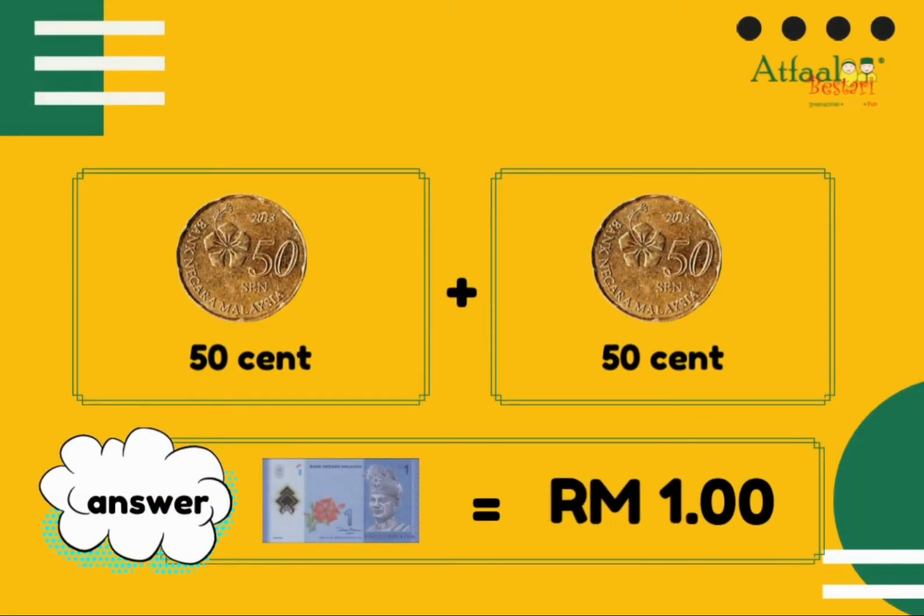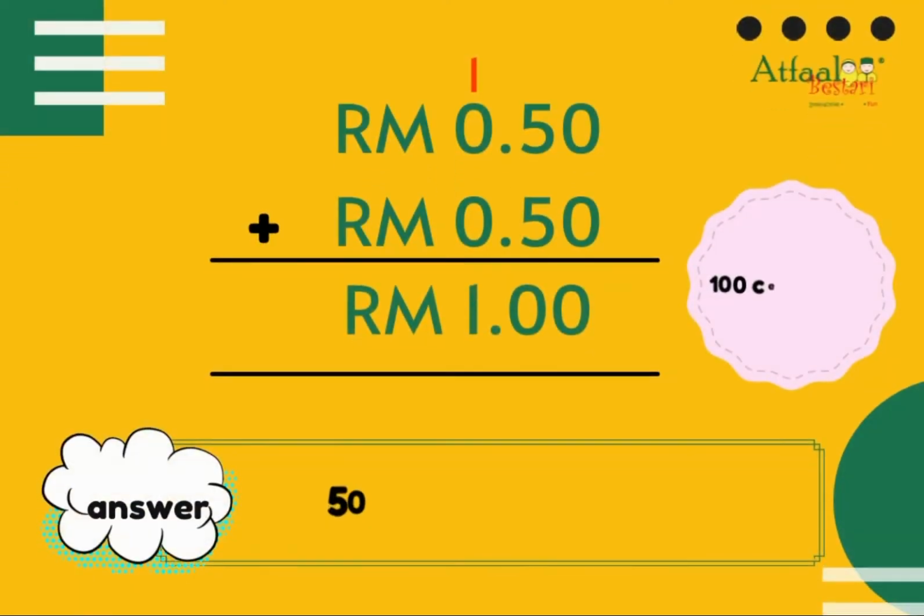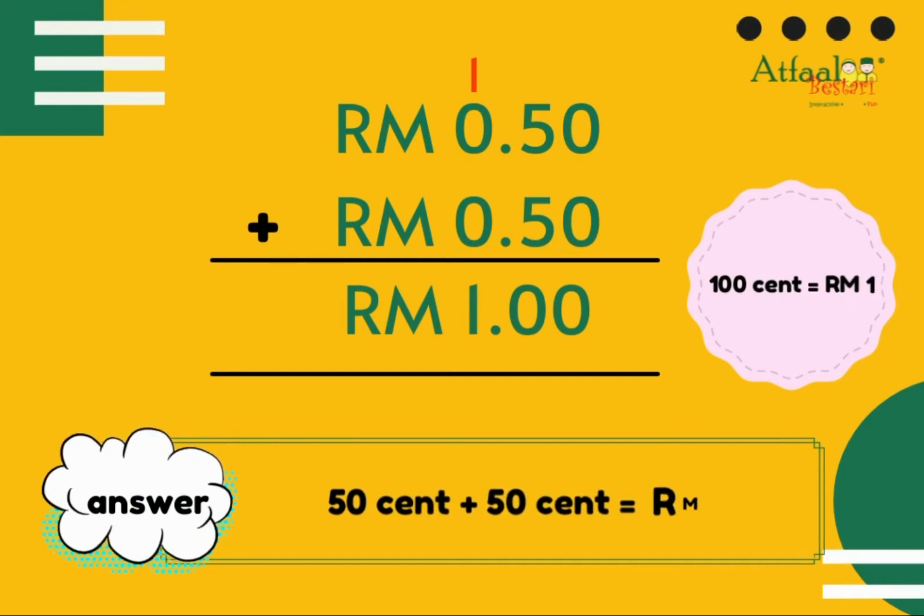Another example is 50 cent plus 50 cent equal 1 ringgit. By using vertical method, write down 50 cent plus 50 cent. Then, count the number on your right side. 0 plus 0 equal 0. Then 5 plus 5 equal 10.